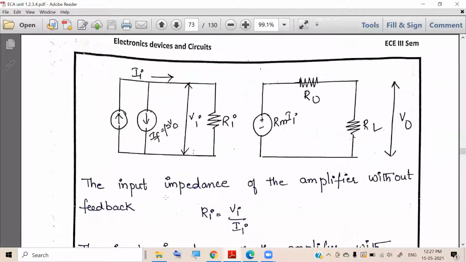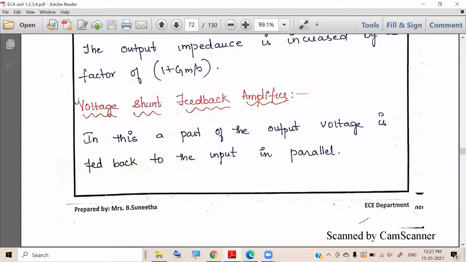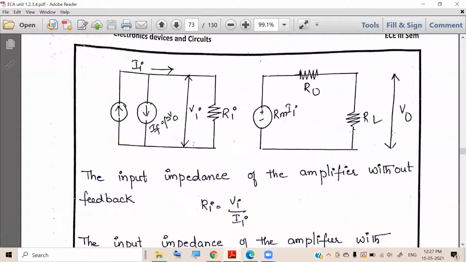Can anybody answer? Here output is voltage, input is current. So which amplifier is suitable? Fast please.